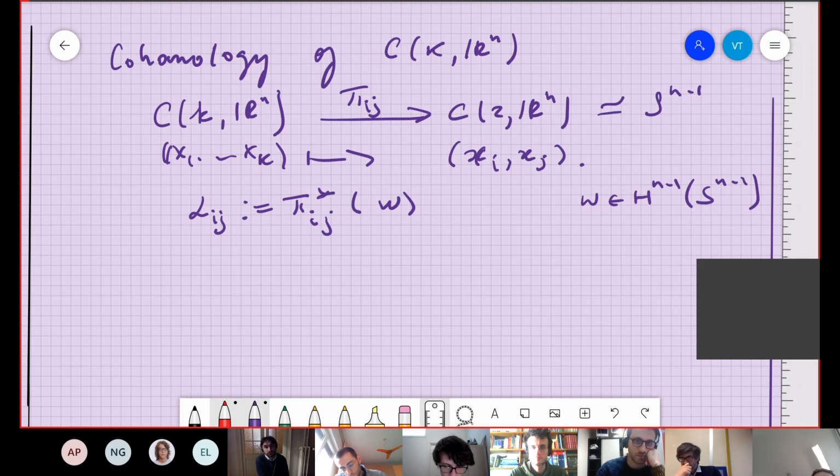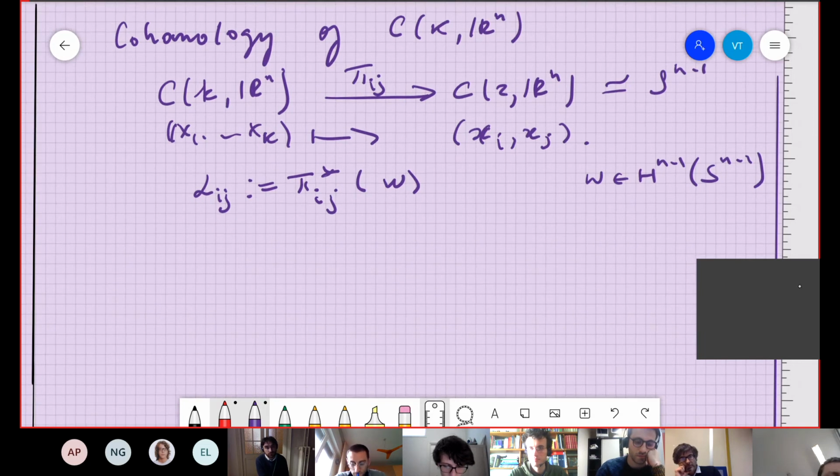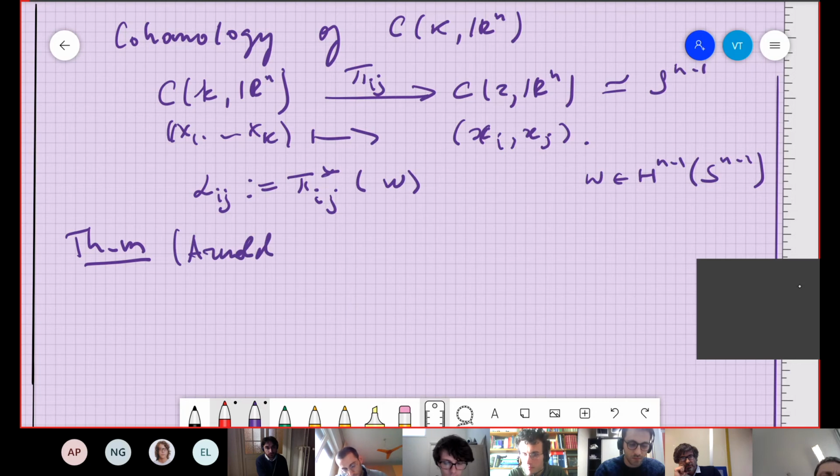And it turns out that there is a theorem of Arnold and Cohen, from the same paper for Cohen, in the 70s, which describes the cohomology algebra.